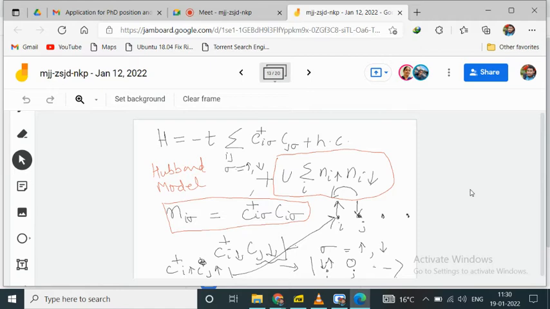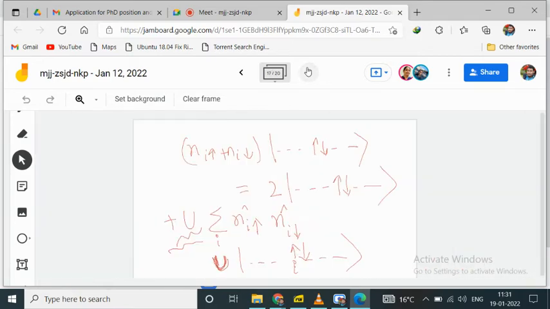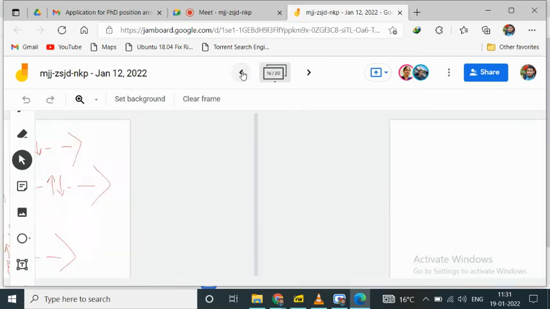A Hamiltonian can be written in the form of a matrix if I choose a basis for my problem. So for example, this one is a matrix. If I choose the basis of this single particle system, how will I write my Hamiltonian matrix? Suppose I want to write a term minus t c dagger 1 c 2. It means the particle has hopped from 2 to 1.